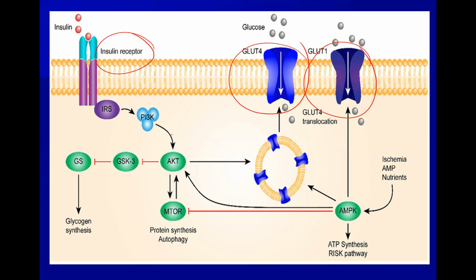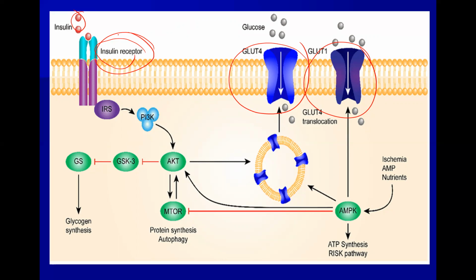So for instance, insulin is a chemical message, and the insulin receptor is what allows that chemical message to be received by the cell. Without that insulin receptor, this cell would not be able to receive that message. So receptors, in other words, are involved in communication.